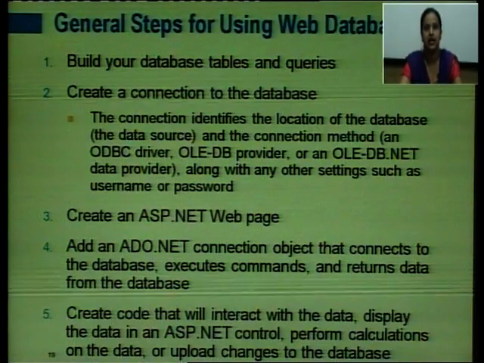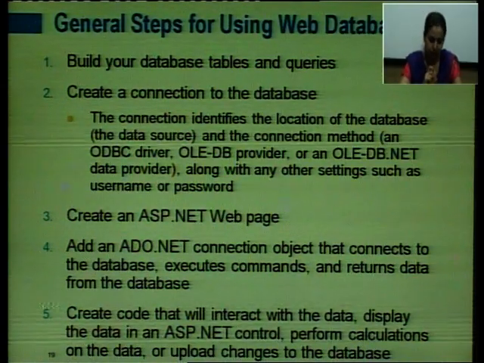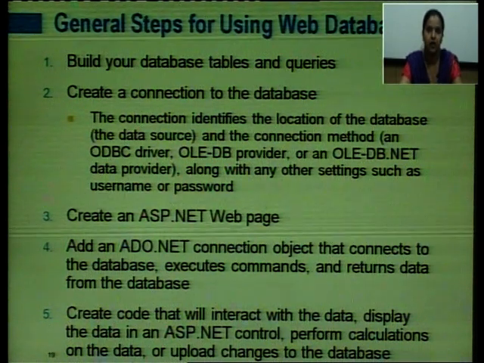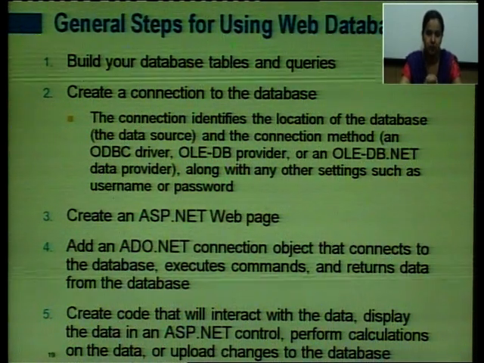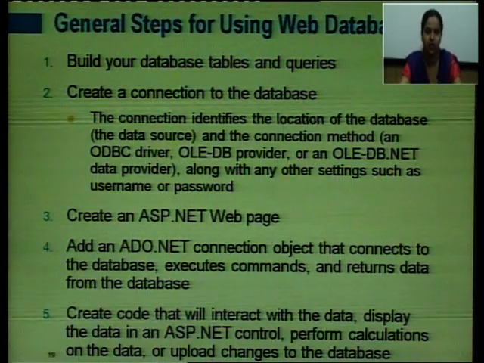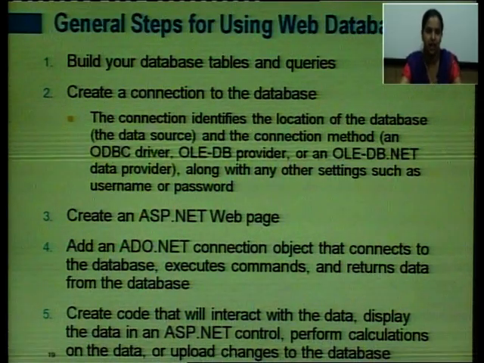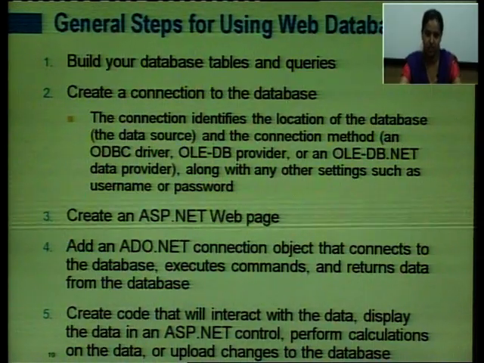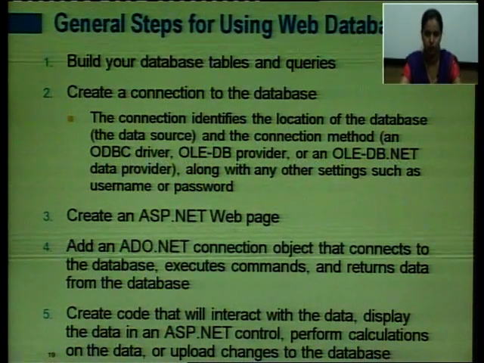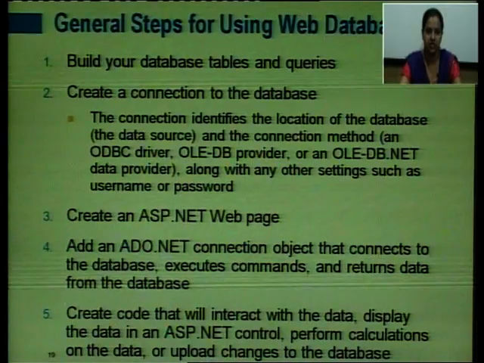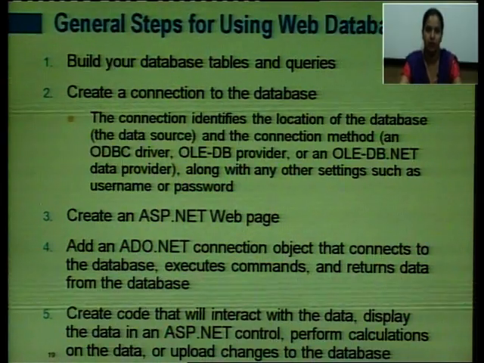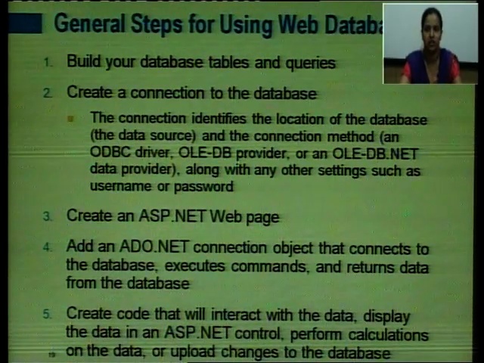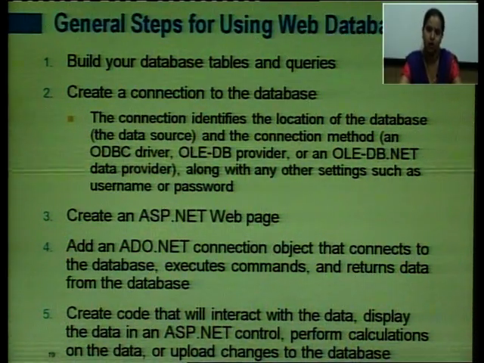Then create a connection to the database. When the database is built, we have to maintain the connection to retrieve the data from the table. The connection identifies the location of the database, the data source and the connection method: an ODBC driver, the OLEDB provider and the OLEDB .NET data provider, along with other settings such as username or password.